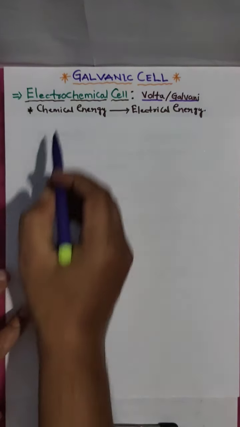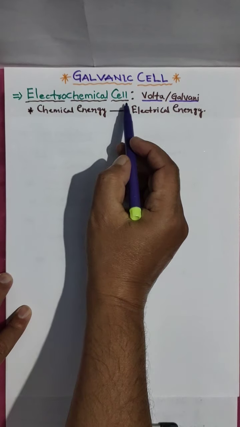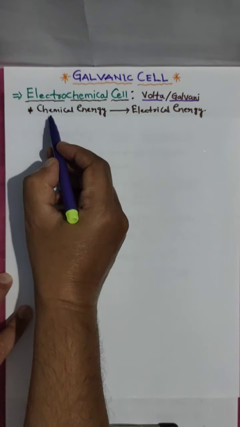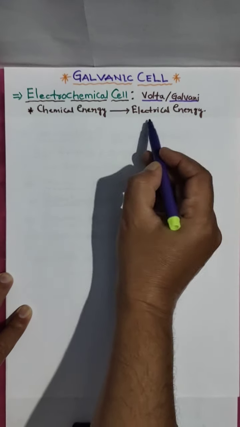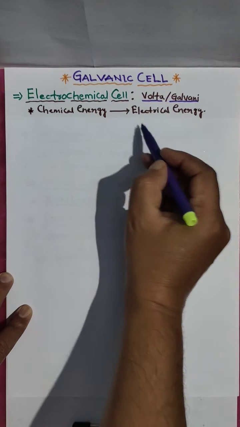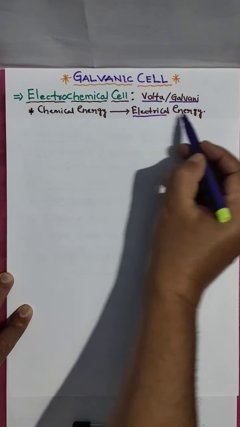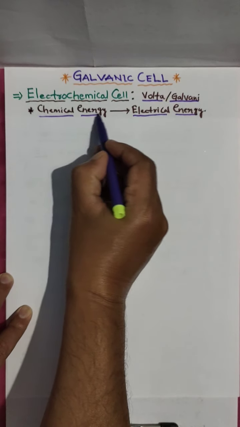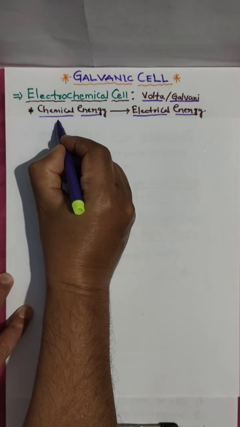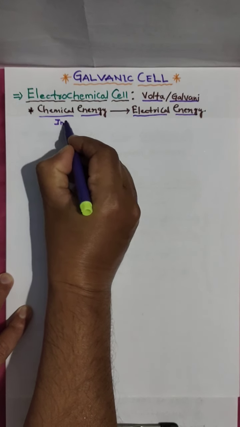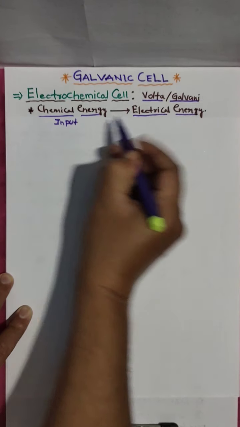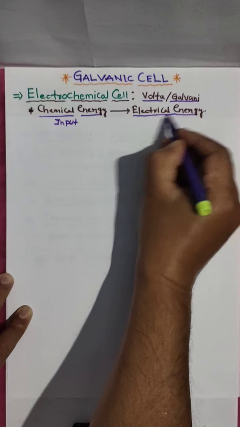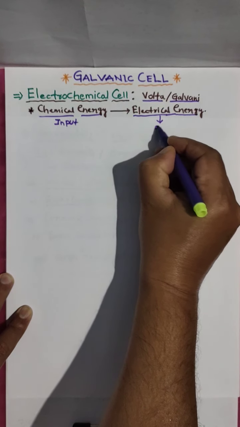I explained already, electrochemical cell is the device where chemical energy is converted into electrical energy. Means we are producing electrical energy. So chemical energy is input and electrical energy is output.